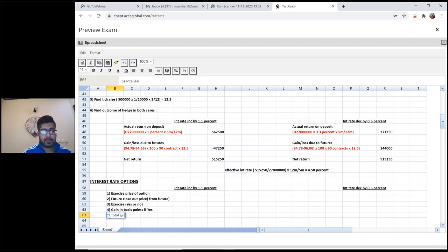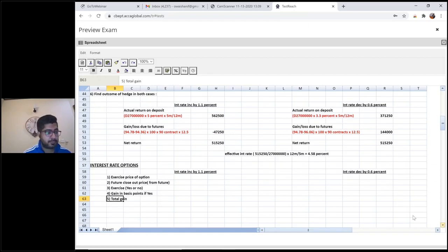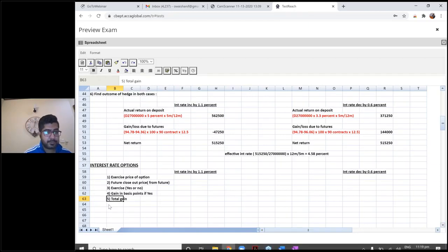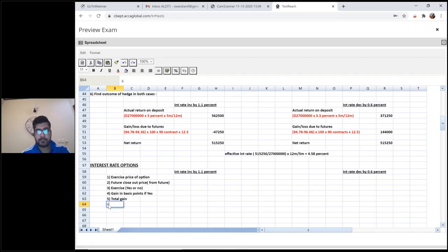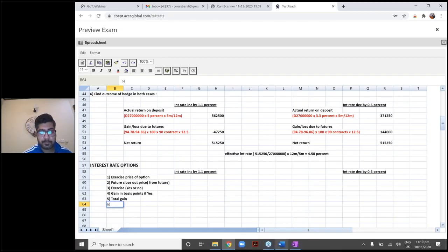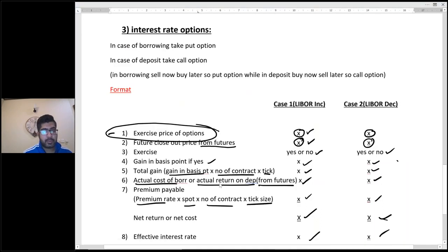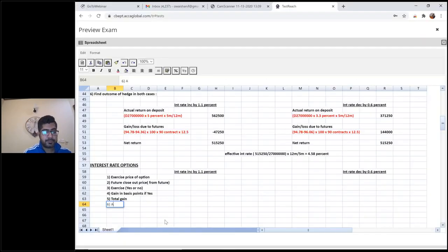Then total gain. Then it's the actual cost of borrowing or return on deposit from futures. So you are doing a deposit case, so actual return on deposit from futures.